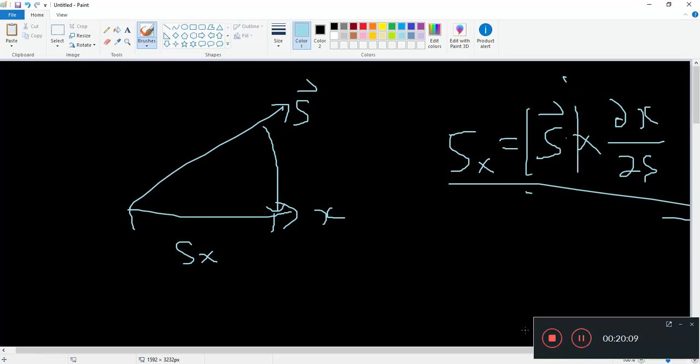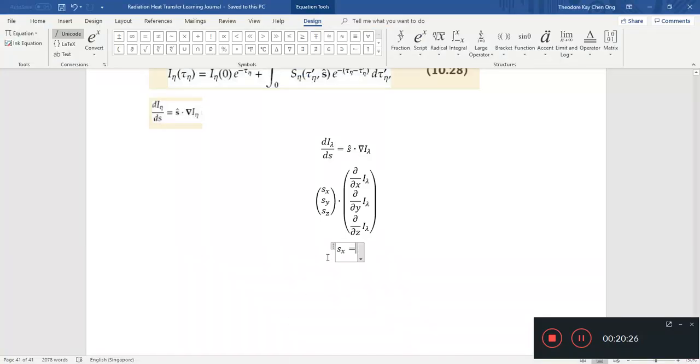Excuse me. So the magnitude of this is equal to 1. So all you're left with is just the partial derivative of x with respect to s. So that's how we kind of see things. All right.